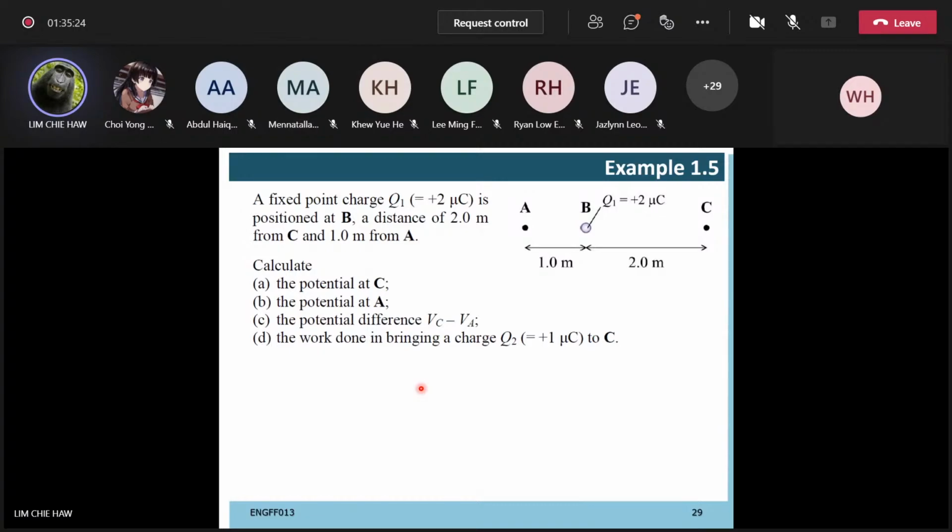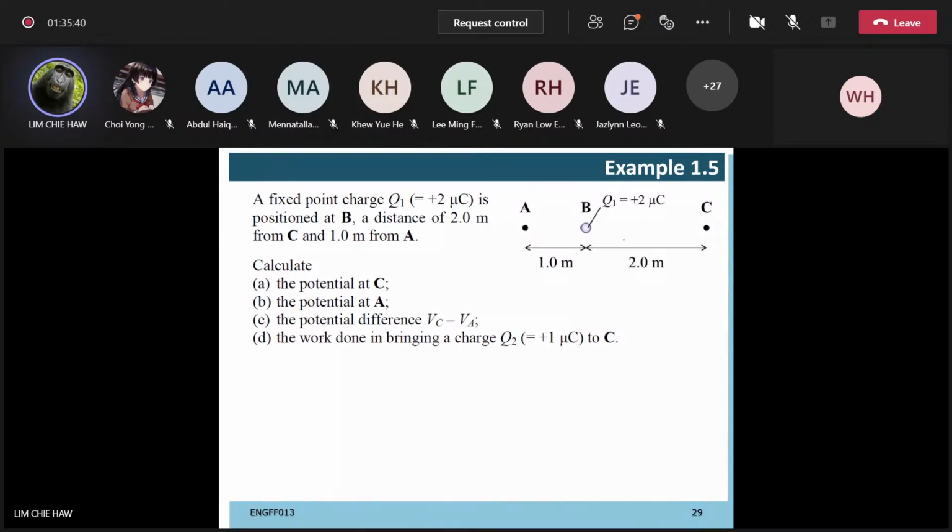Okay. Can you see my screen? Yes, now I can see it.